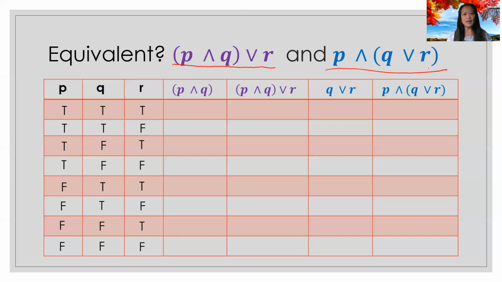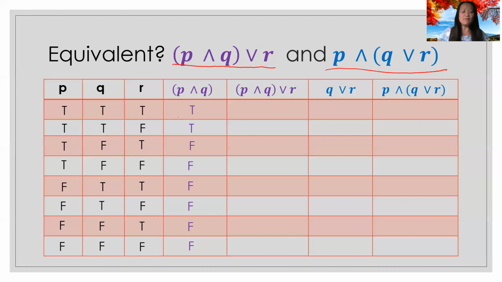So order of connectives apply. P and Q first. So true and true is true. True and true again is true. True and false is false. True and false is false. False and true is false. False and true is false. False and false is false. And then false and false is false.